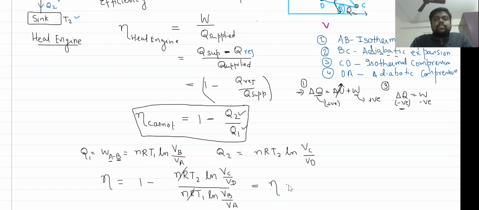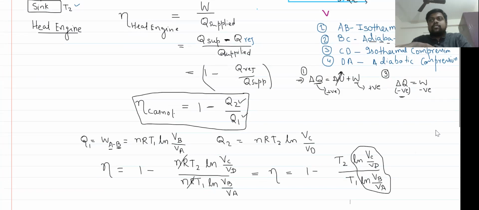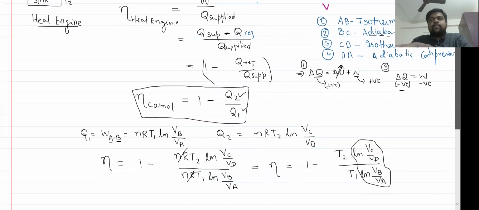So efficiency can be further simplified to 1 minus T2 ln of VC by VD, by T1 ln of VB by VA. Now we have to find the relation between these, because this is the extra term we are getting, and just after this we will prove that these 2 are equal. That's what we have to prove.